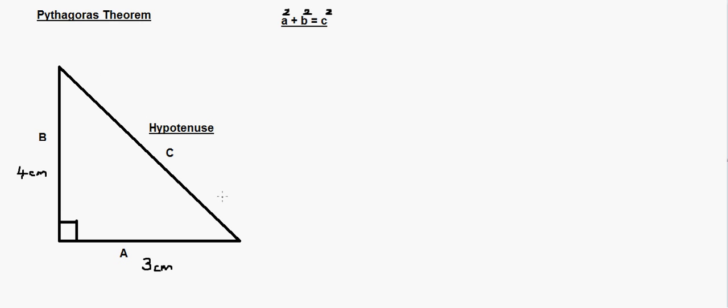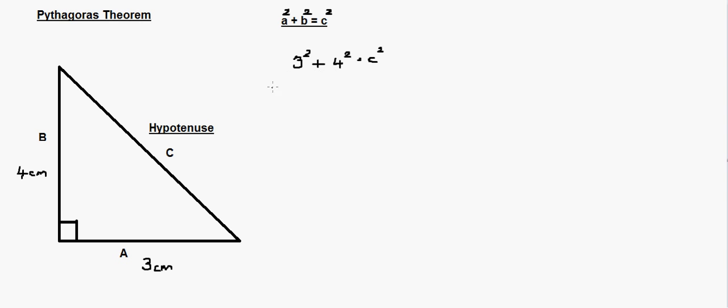Okay, so we know a squared plus b squared will equal c squared. So a is 3, so 3 squared plus b squared, which is 4 squared, equals c squared.